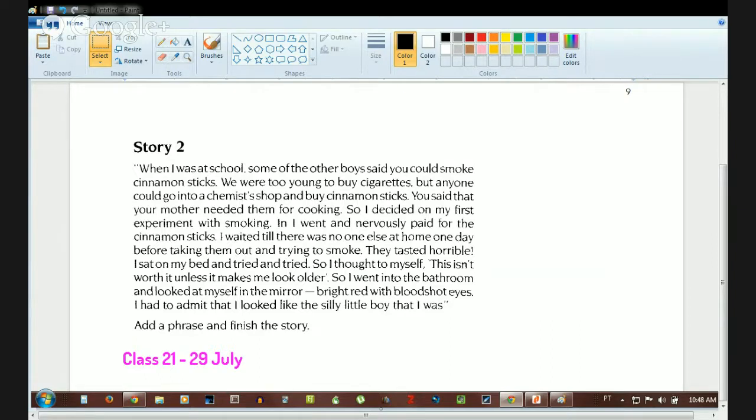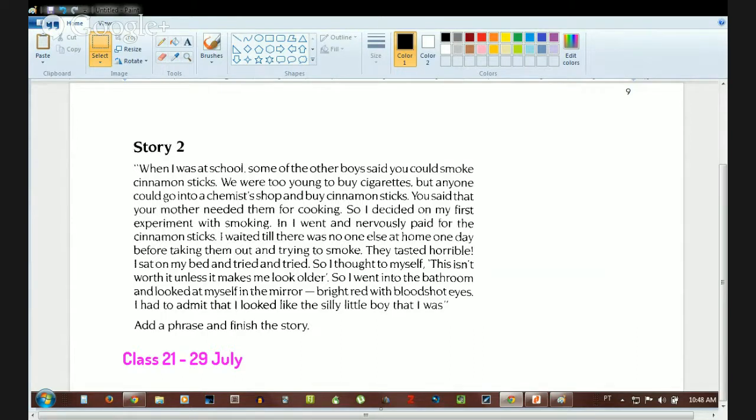In I went and nervously paid for the cinnamon sticks. I waited till there was no one else at home one day before taking them out and trying to smoke. They tasted horrible. I sat on my bed and tried.